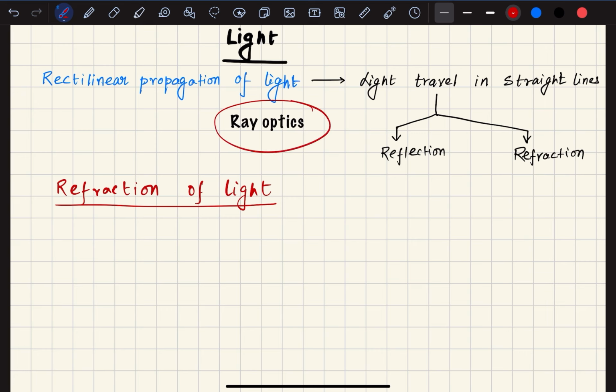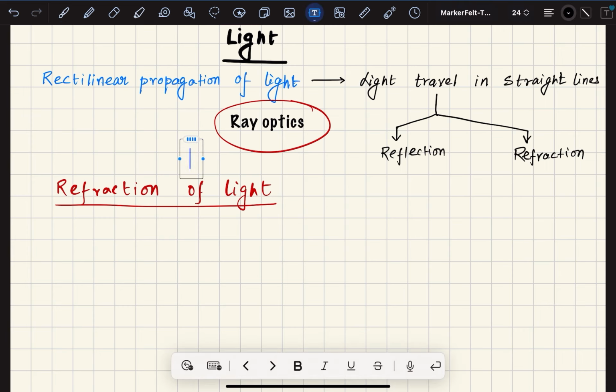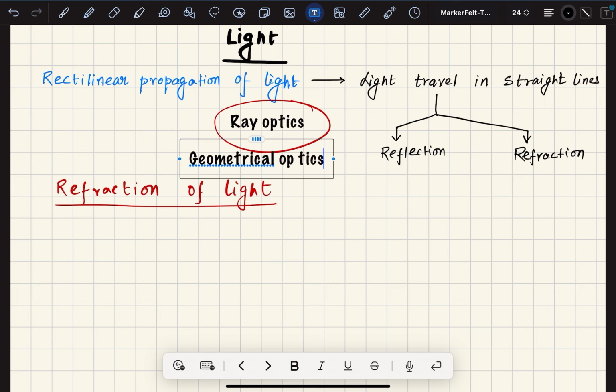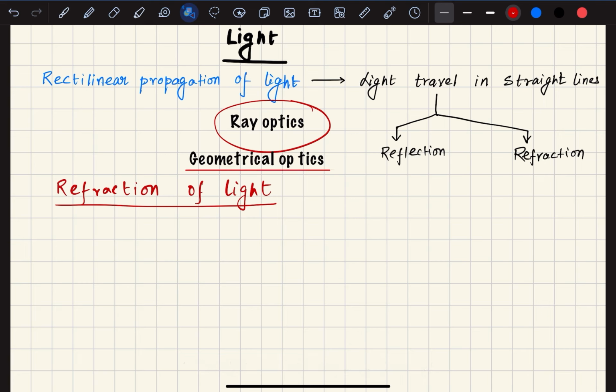It is also called geometrical optics. Okay, so both of these are important. So please underline both of these.